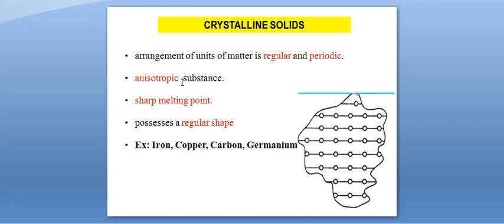These crystalline solids are anisotropic substances. They have a sharp melting point. They possess a regular shape. Examples: iron, copper, carbon, germanium. So these are the examples for crystalline solids.